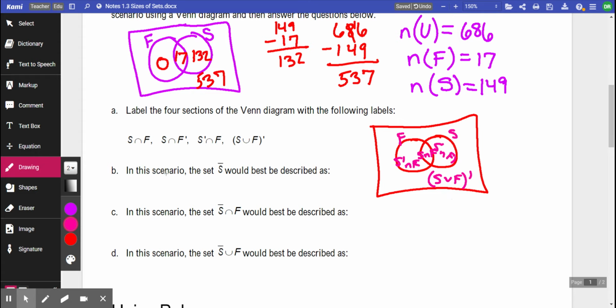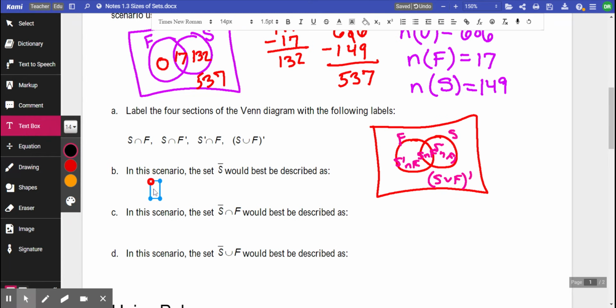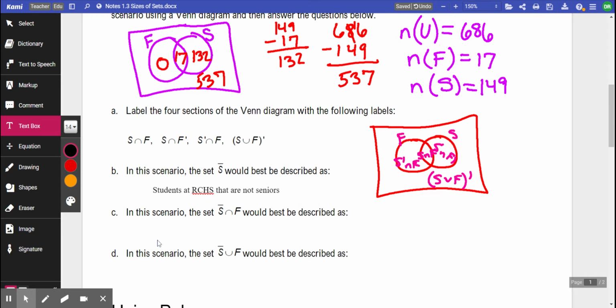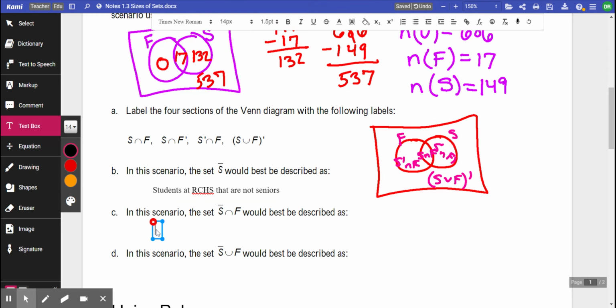Using words to describe your scenarios. In this scenario, the set S not would best be described as students at RCHS that are not seniors. S not and F, if you need to, you can come over here to the Venn diagram. S not and F, that's right here.